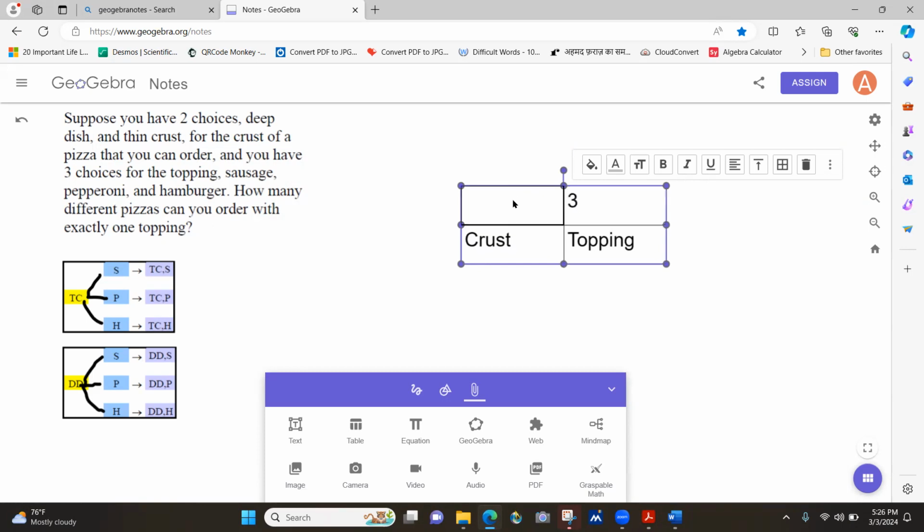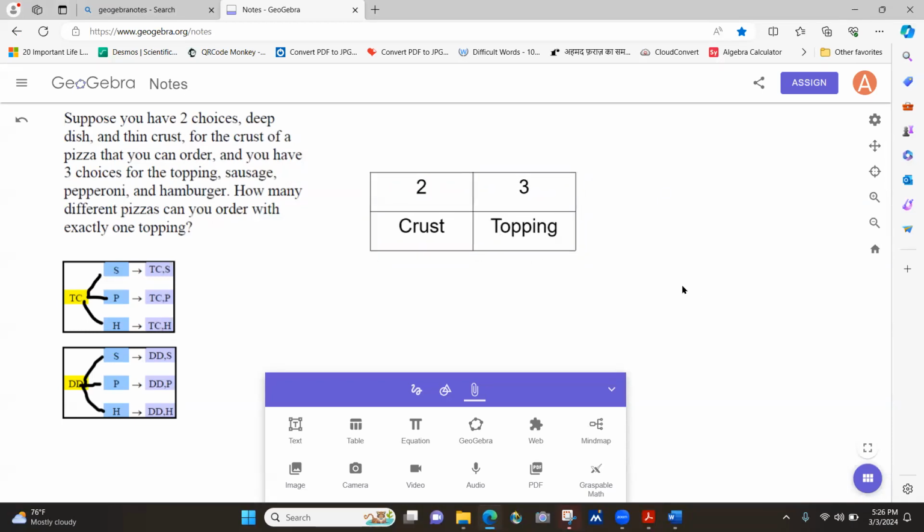Three. Okay. And you multiply. This is called counting principle.